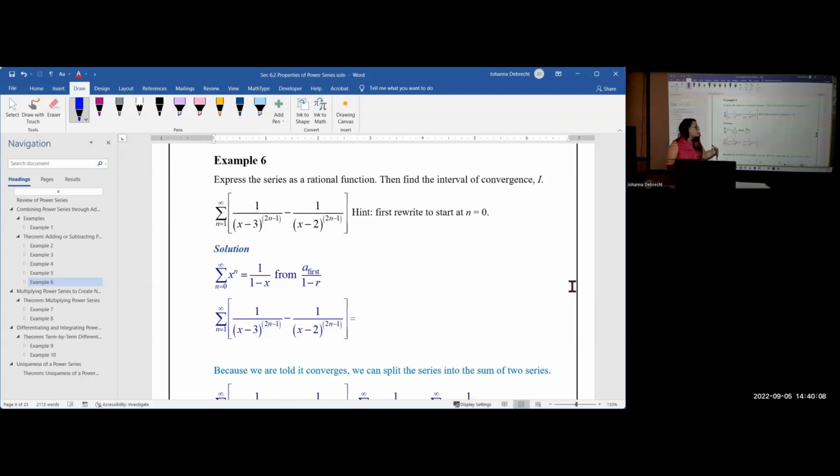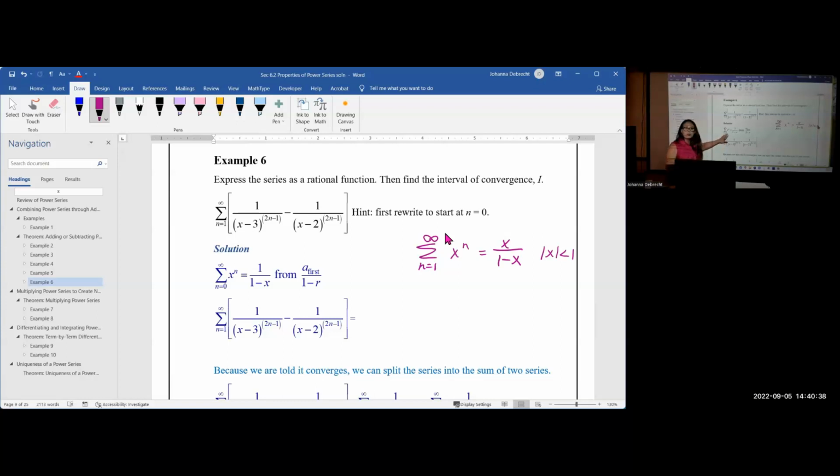But if you want, you could convert it and compare it to the series from n equal 1 to infinity of x to the n, which converges to x over 1 minus x, also when the magnitude of x is less than 1. They both have the same interval of convergence because they're both geometric series. So you can compare it to either one, choose your method.